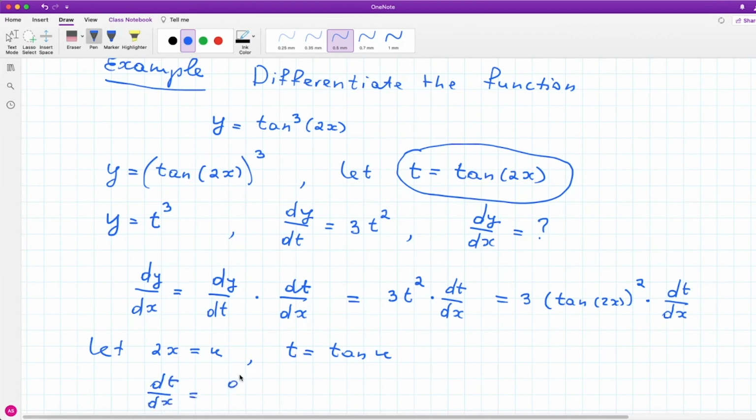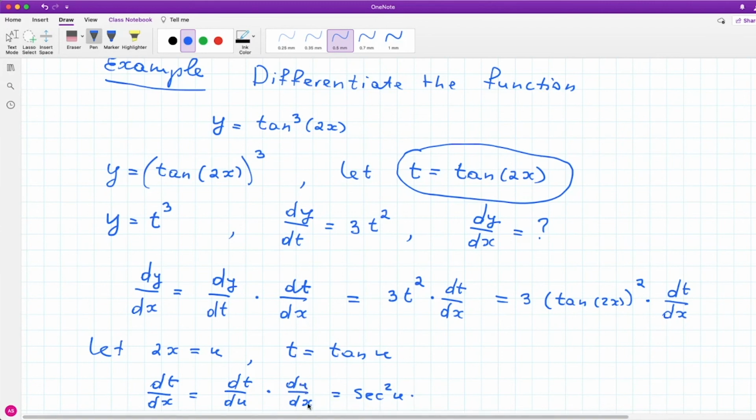Namely, we can calculate dt/dx as dt/du times du/dx. Now the derivative of t with respect to u is simply the derivative of tangent, and you may know that this derivative is equal to secant squared u.